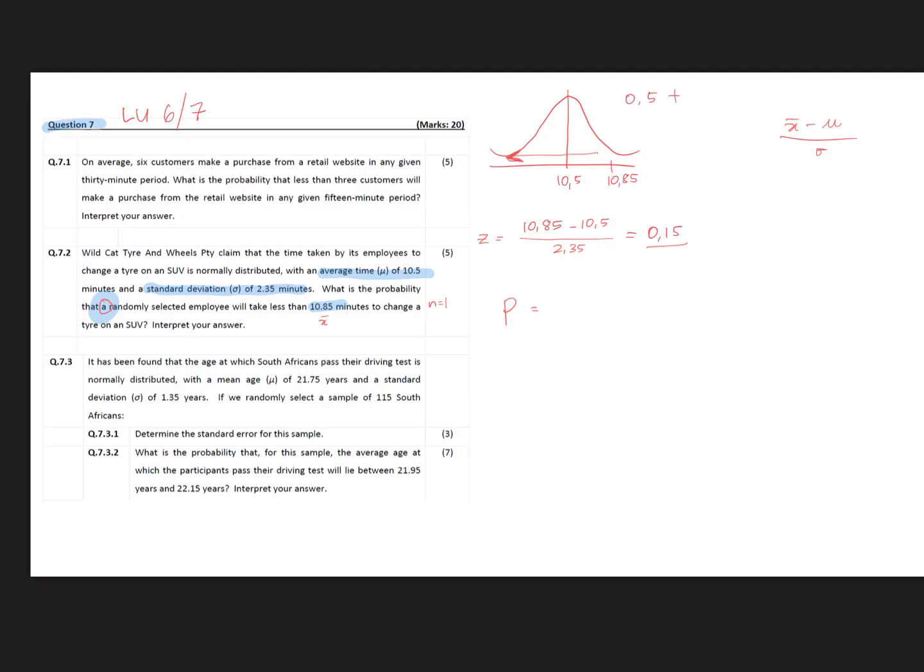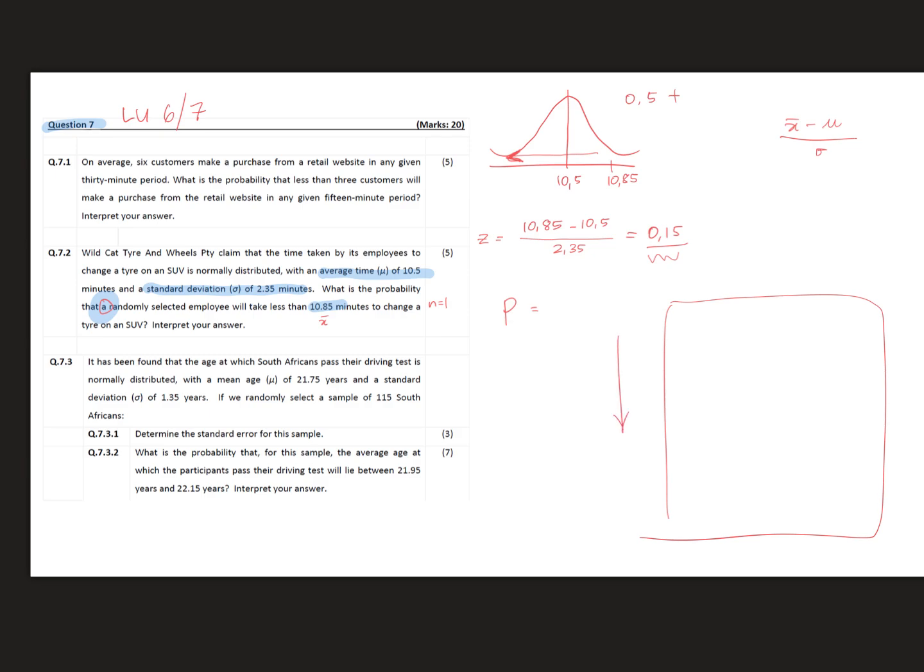Remember, this is table 1 of the appendix. On table 1, you'll find a whole huge table that has a whole lot of Z values, and you're going to read off a probability from this table. Basically, you're going to look for the first 2 digits coming down the first column.